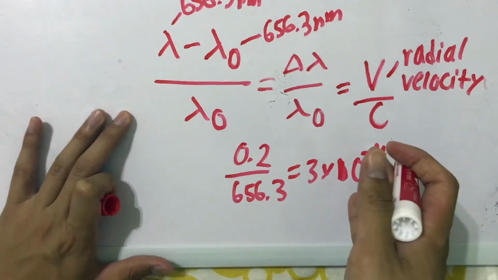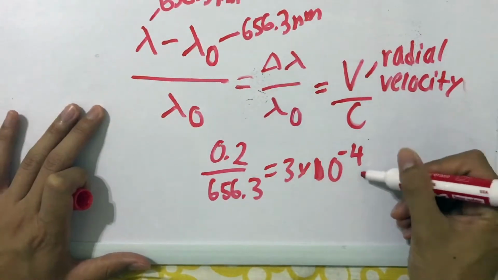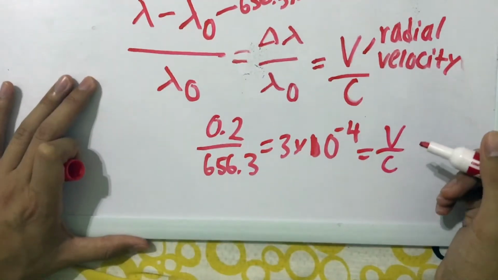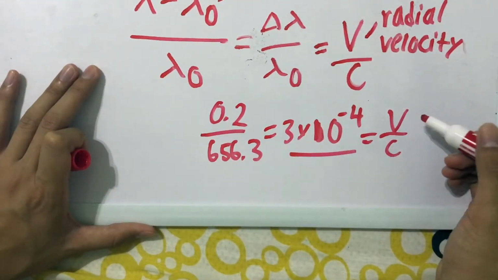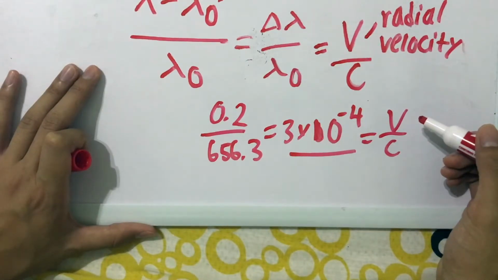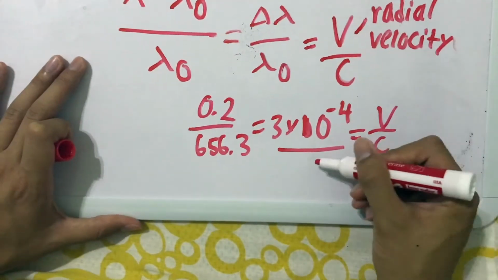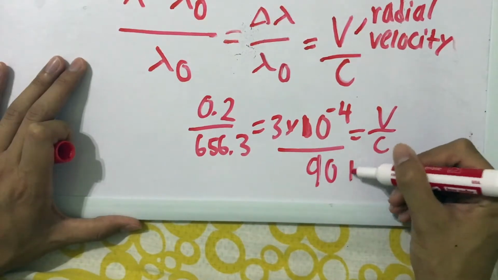Since we get this value, we can equate it to v over c. If we multiply c by this value, we get the radial velocity, which turns out to be 90 kilometers per second.